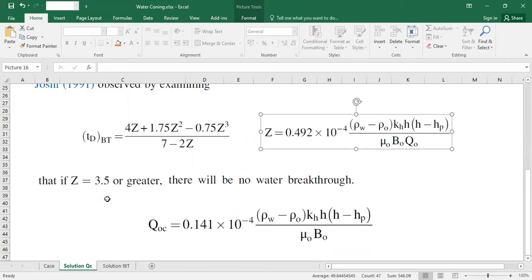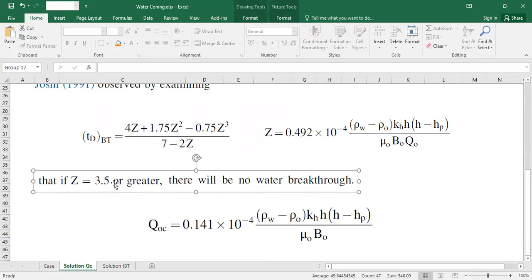Okay, and by looking at this statement, we can see that the greater the Z is, the better the condition for us to have no water breakthrough. And we can have high Z if, for example, we have a low oil flow rate, right? If you have a small denominator, you will have big Z. You can also have big Z, for example, if you have a high density difference between the water and oil.